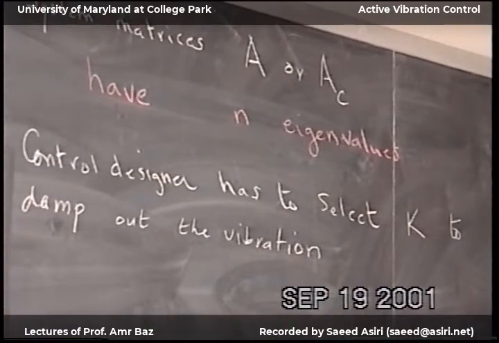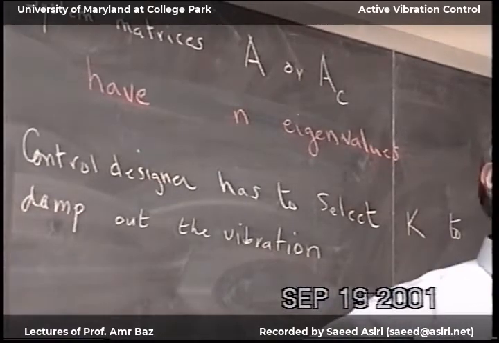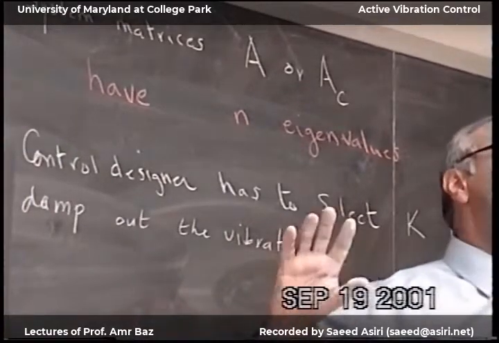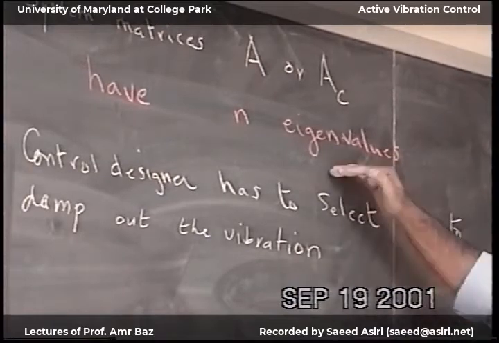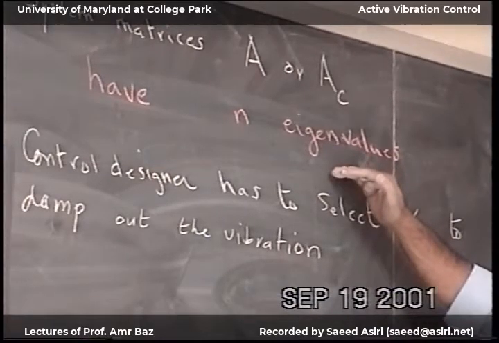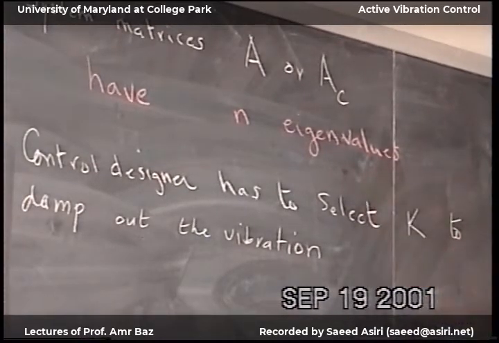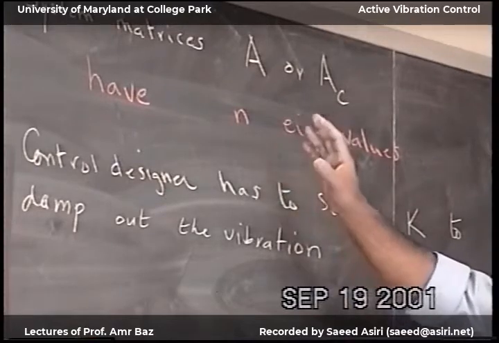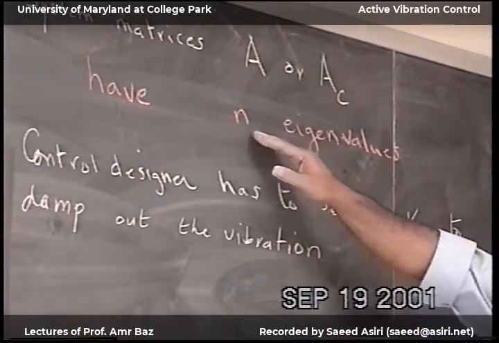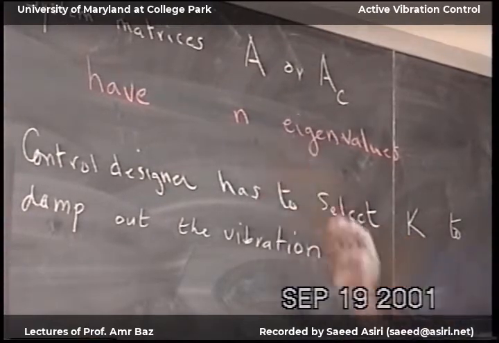Okay. Now if I select K, how would I select it? All that I can select and have reasonable control over is the eigenvalues of the closed loop system. So I can specify, for example, the eigenvalues of the closed loop system. All that I can specify is n of them. So all the information that I have is n pieces of information.